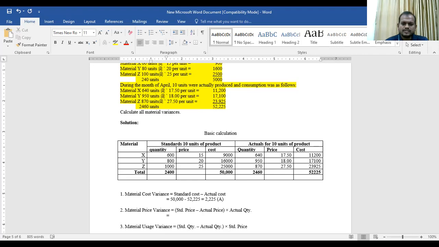So material price variance. The variance between standard price and actual price. So how much is the standard price? We have to go by material.